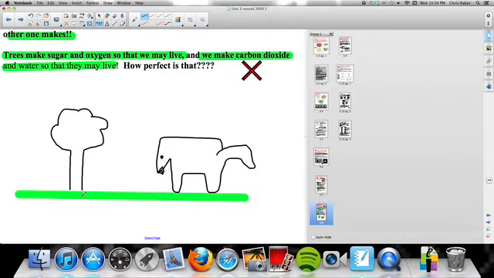So the tree lets out oxygen, O2, and the tree makes glucose, G for glucose. This oxygen will then get breathed in by the animal, and the glucose gets eaten by the animal.